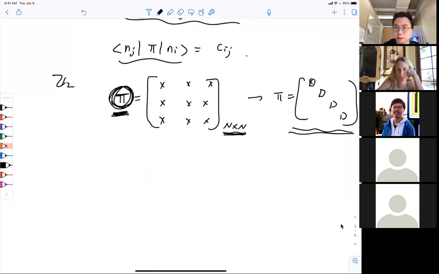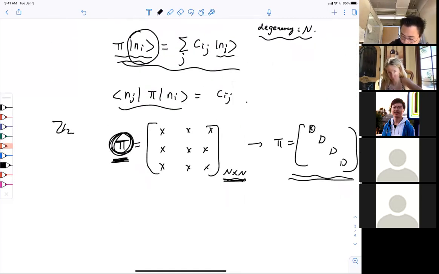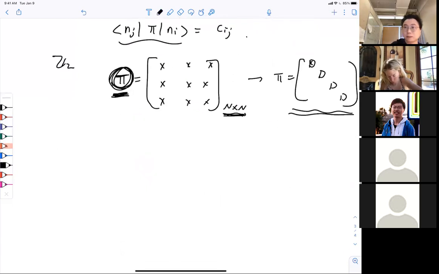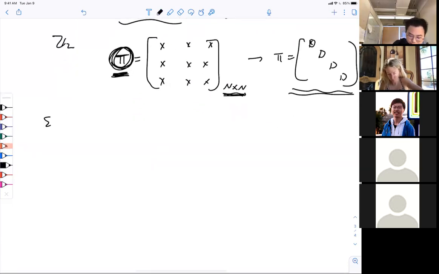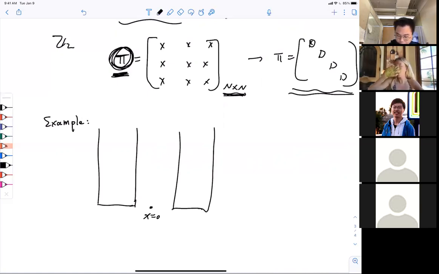Okay, maybe I can give you a very simple example. You will see explicitly what I'm saying here. So let's say I have an infinitely deep potential well, and this is x equal to 0.